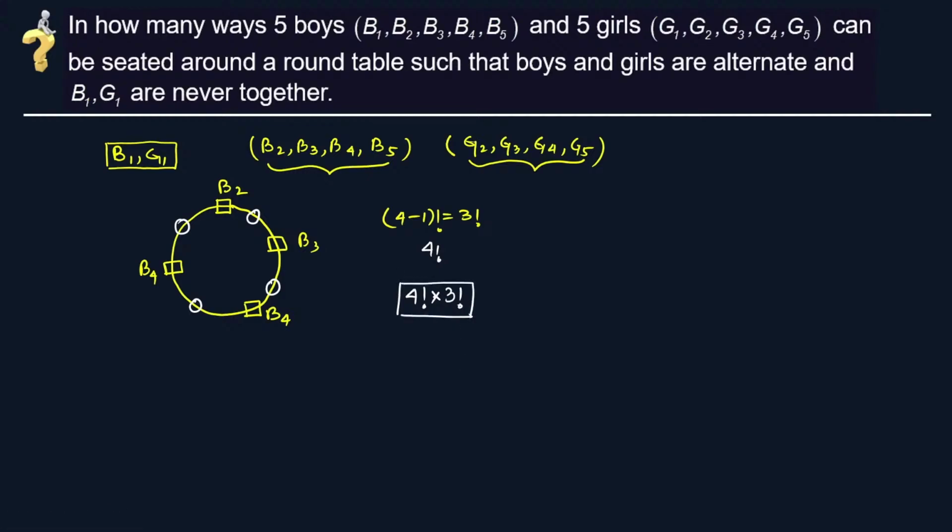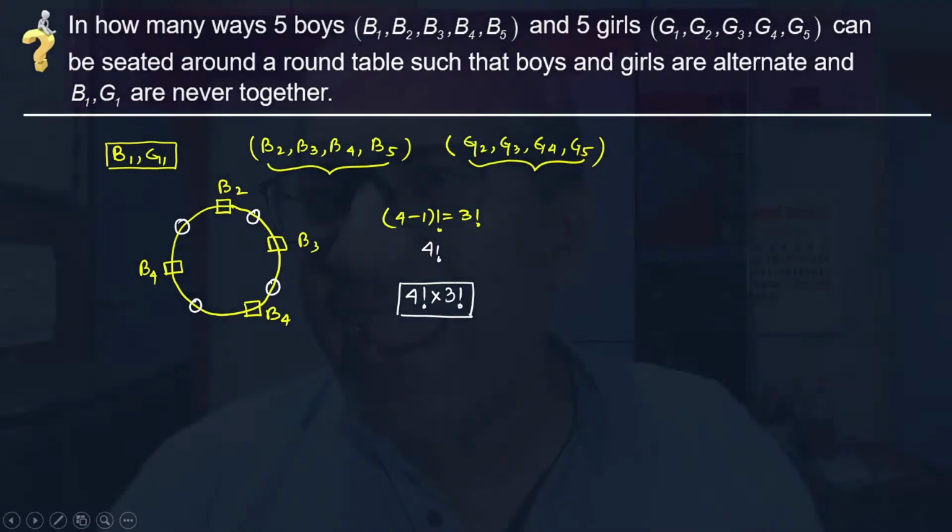Now the big question. I have to place this B1 and G1 in such a way. What I'm actually trying to do, I'm trying to find out the number of ways in which B1, G1 will be together.